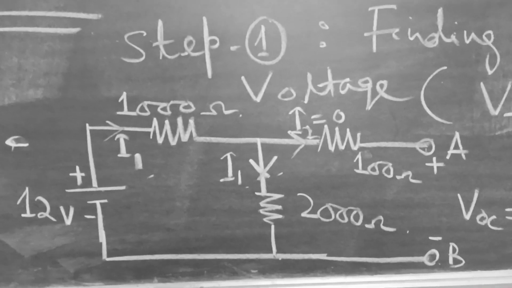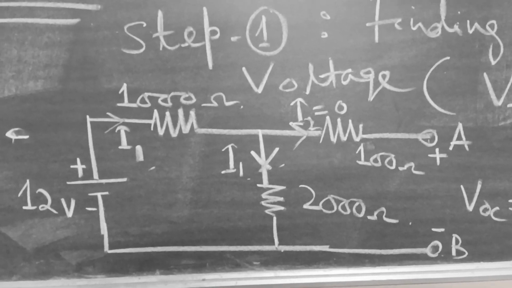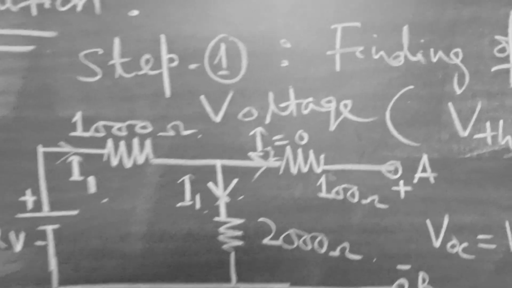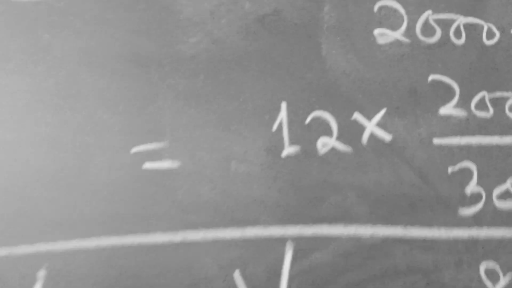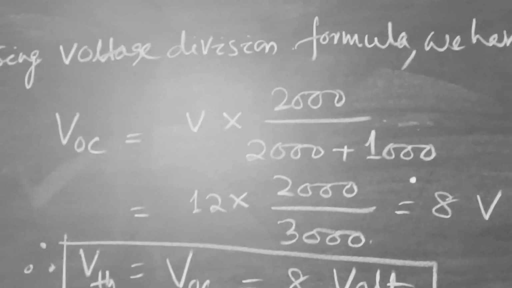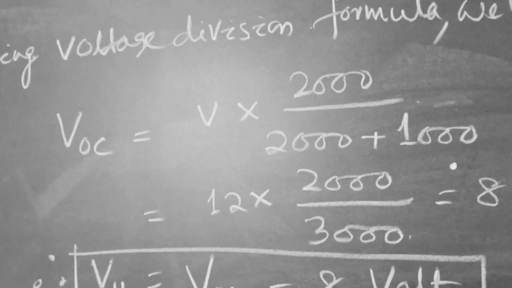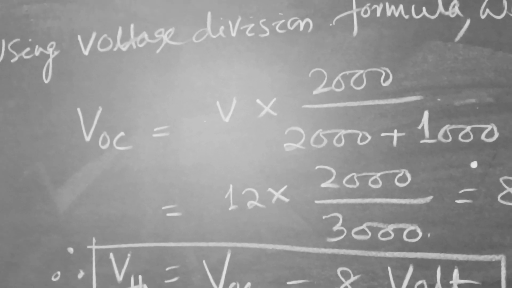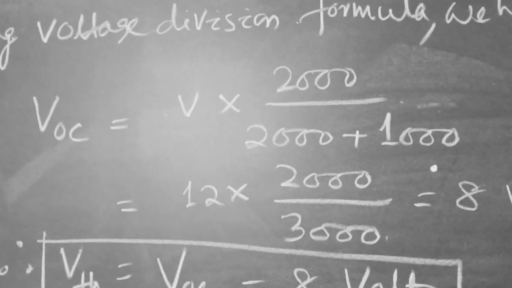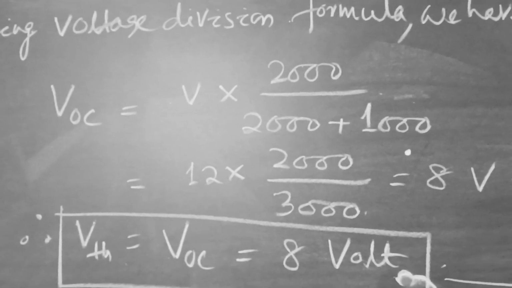Our objective is to find the open circuit voltage. So using the voltage division formula, how to find the open circuit voltage? That is the total voltage times the resistance across which we have to find the voltage, that is 2000, divided by the total resistance of the series combination.